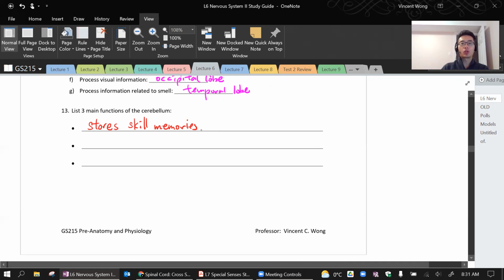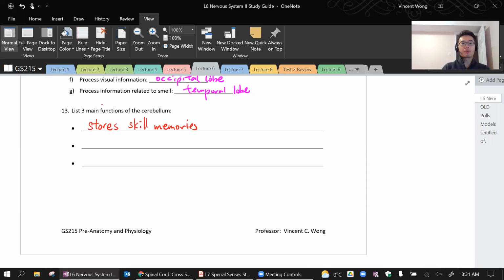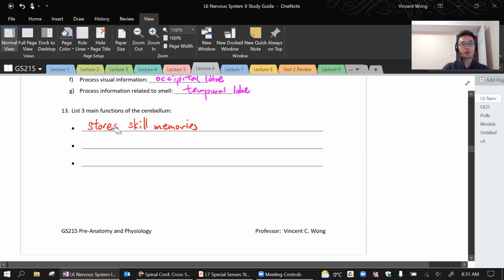They do not go away. If you don't ride a bike for 10 years and I give you a bike, you can still ride it. Okay, it might take some time to get to be good at it again, perhaps, but then you will not forget how to do it. And so all those skill memories are stored in the cerebellum.